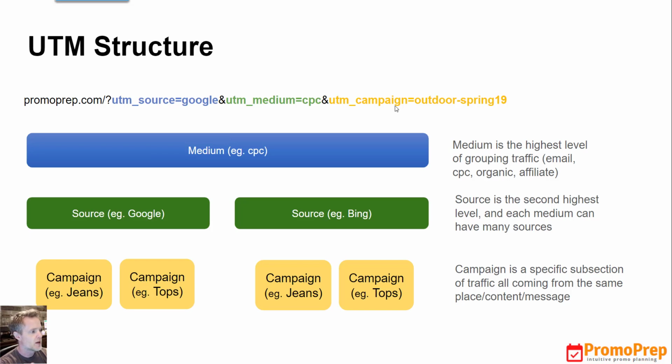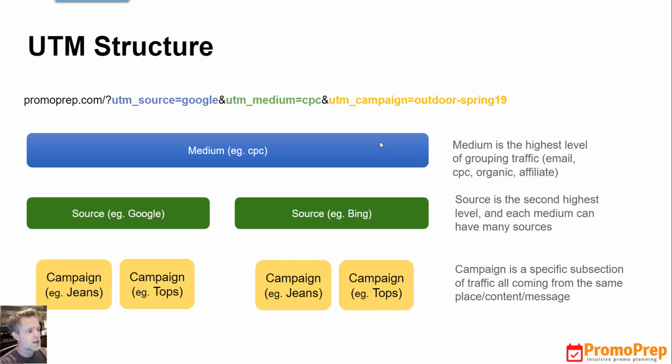So the first is UTM medium. That really is the highest level that all of everything else groups into. So different mediums would be things like email or CPC, which is cost per click or paid search, organic, affiliate, display. All of those are different types of mediums.